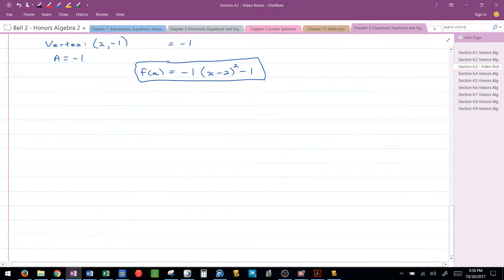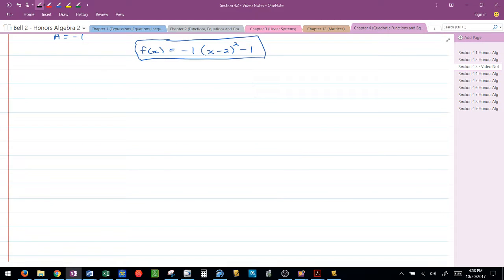Okay, let's try one more of these just to make sure we're good to go. So for example, let's say that I have 2x squared minus 3x plus 2. Identify a is 2, b is negative 3, and c is 2.